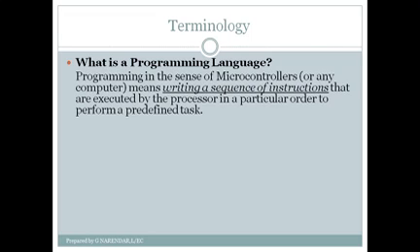This writing of a sequence of instructions we call a program, and these instructions are executed in the same sequence, or as indicated by the instruction, by the processor present inside your 8051. Finally, after executing all these instructions, it will perform the required task that the microcontroller is intended to perform.